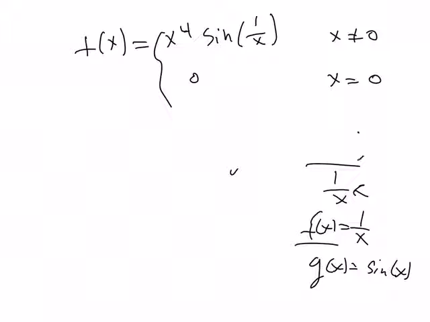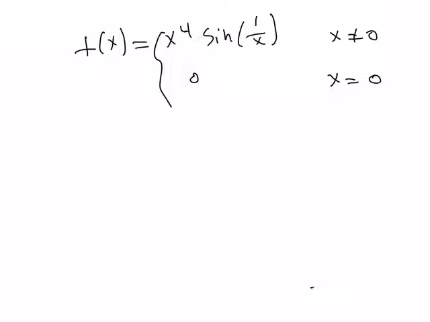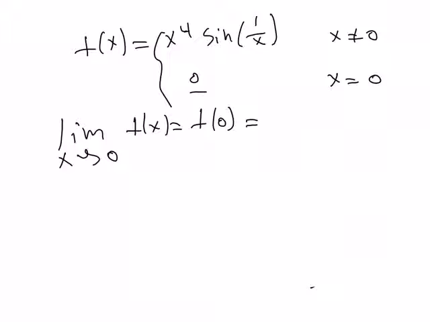So, okay, so now we need to show that the limit as x goes to 0 of f of x is equal to f of 0, or in other words, to f at 0, when x is 0, this is just 0.